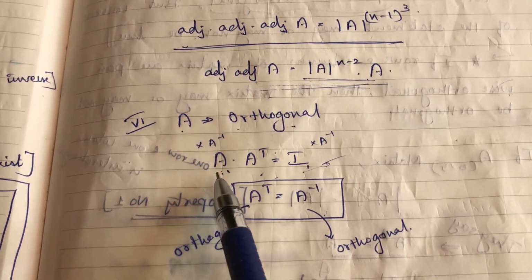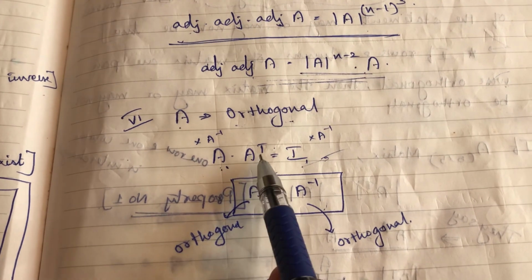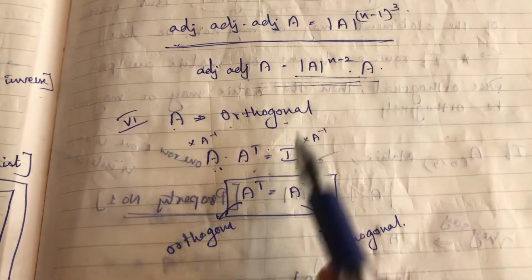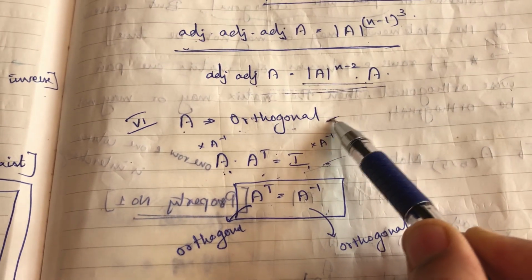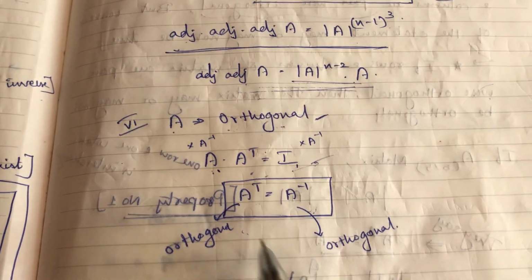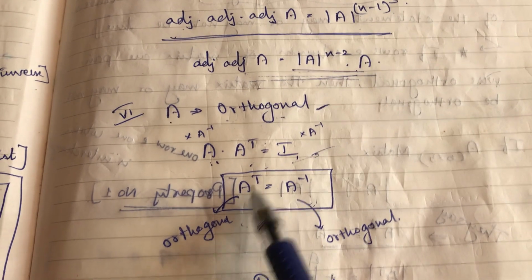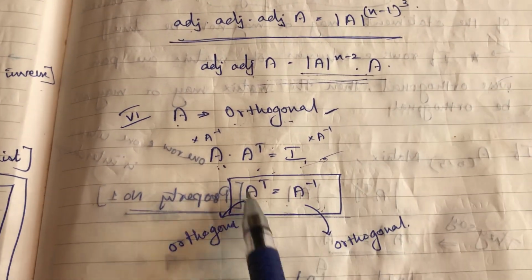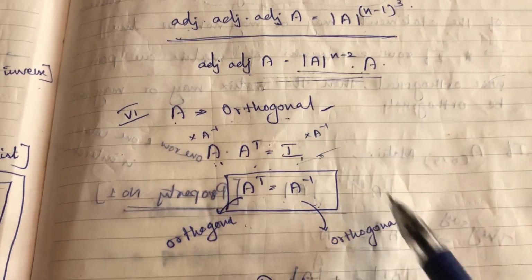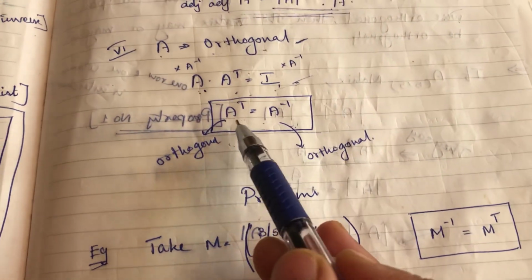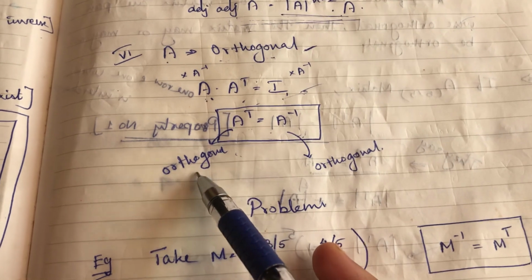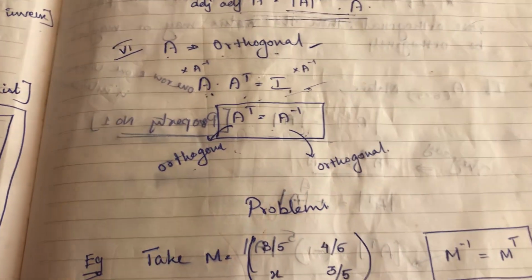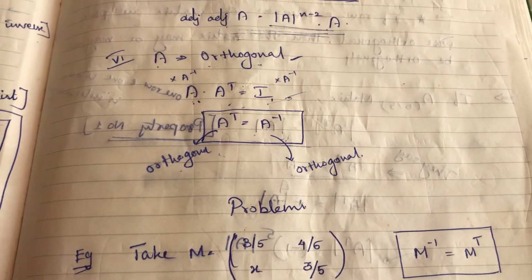And A inverse into A is I. So I into A transpose is A transpose. So from the orthogonal condition, we get A transpose is equal to A inverse only when A is orthogonal. That's it. And we can also say A transpose will also be an orthogonal matrix and A inverse will also be an orthogonal matrix. Okay, you can see here.